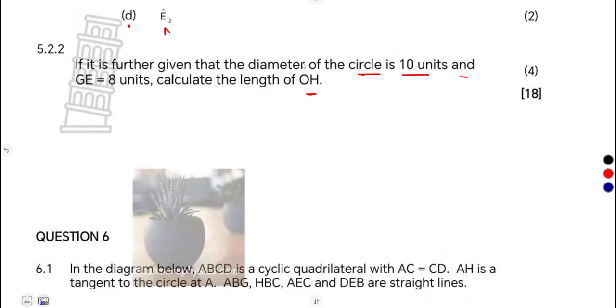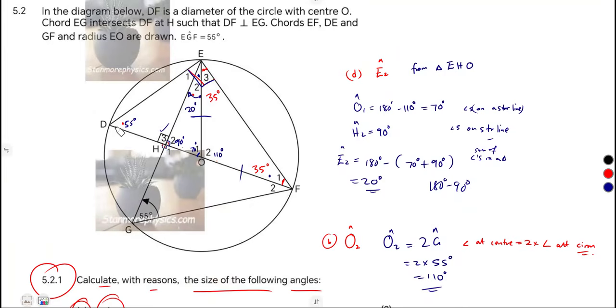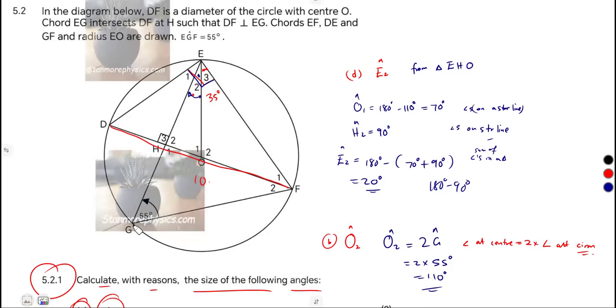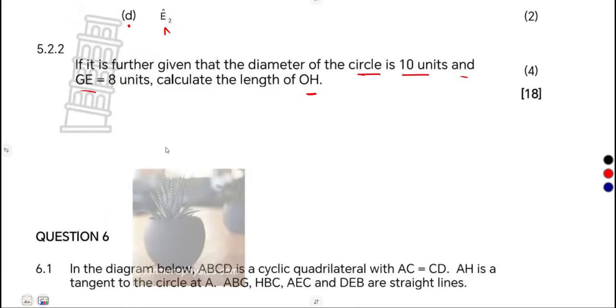All right, the diameter is 10 units, the whole diameter here. Let's try to erase one or two. So the whole diameter here is 10 units, and G to E is 8 units. From G to E, the whole part of GE is 8 units.